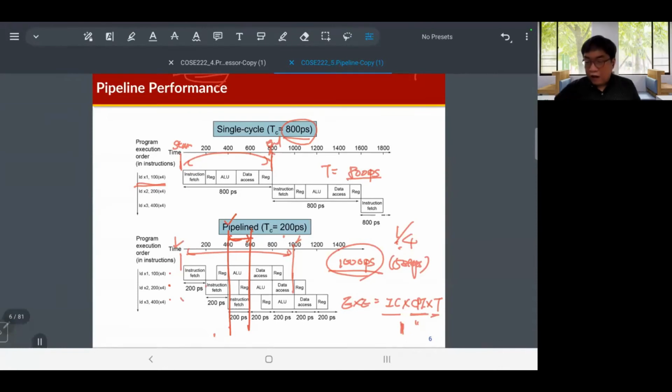So I define that parallelism means multiple tasks are executed or performed concurrently or in parallel. It's the same as this pipelining architecture.